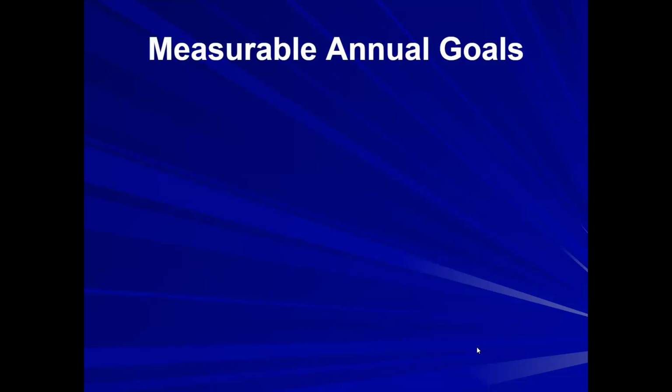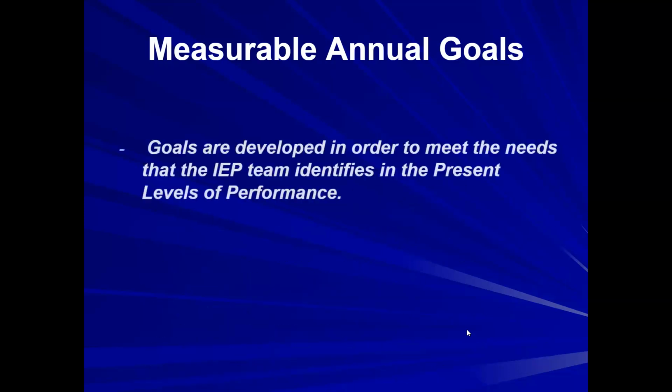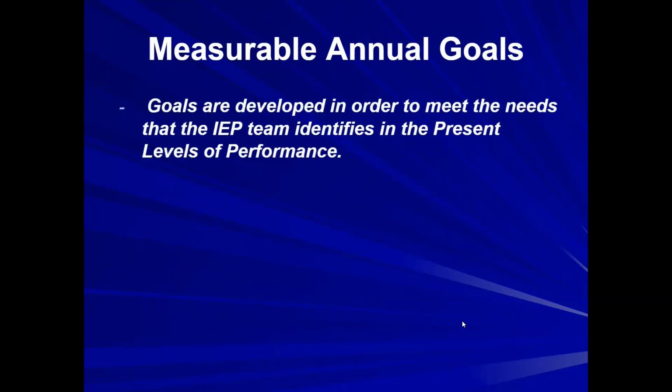Now we're going to talk about the measurable annual goals and what they should look like for different services. Goals are developed to meet the needs that the IEP team identifies in the present levels of performance. So if the team and or yourself state that your child is having difficulty interacting with peers, then there should be a goal directly reflecting that.